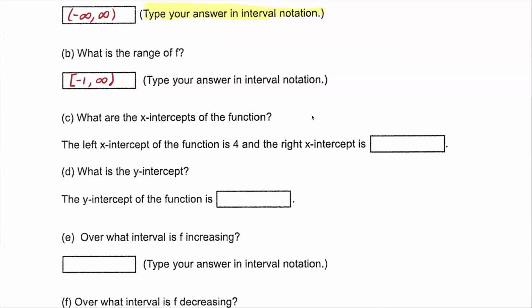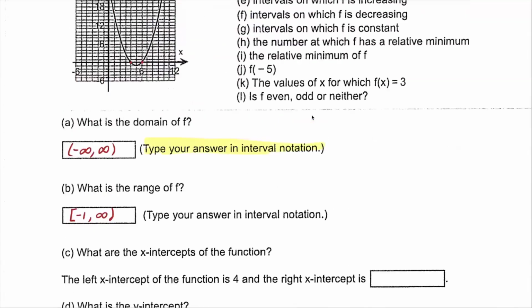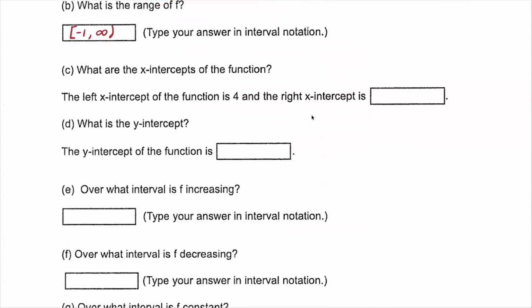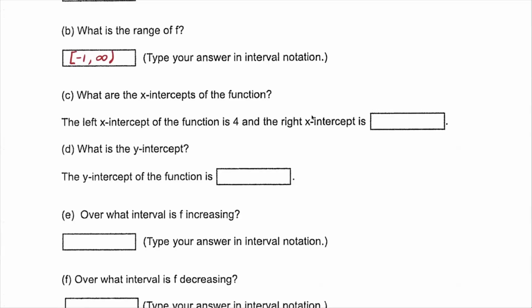Here you're given the left intercept of the function is 4. They're telling you what the left one is. You just have to tell what the right one is. And I think I said the right one was at 6. Here, they're not asking for an ordered pair. They just want the number. If they wanted an ordered pair, it would say right beneath the box, enter an ordered pair. So that is the right x-intercept.